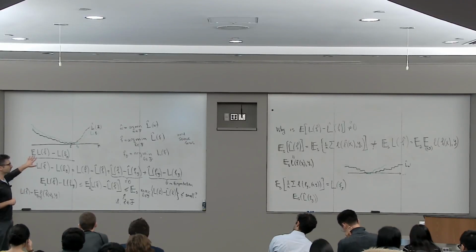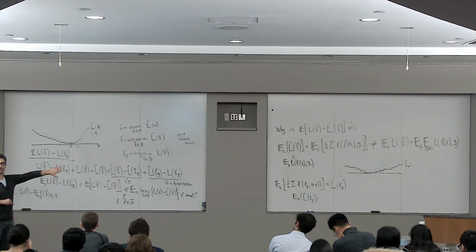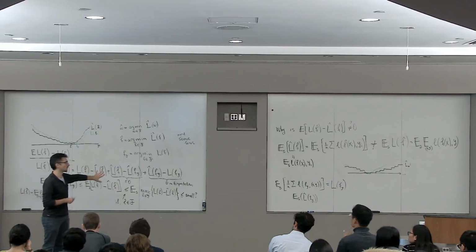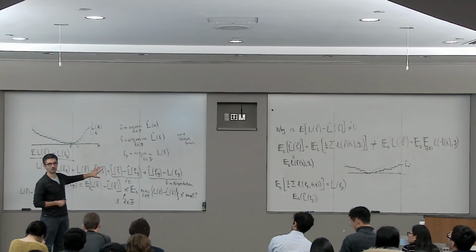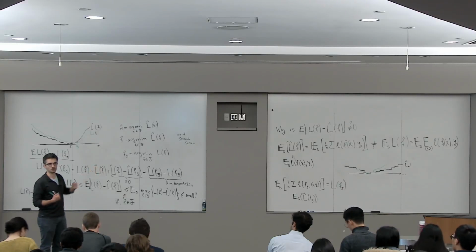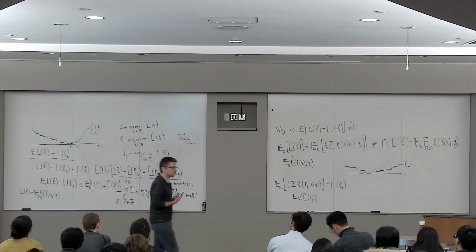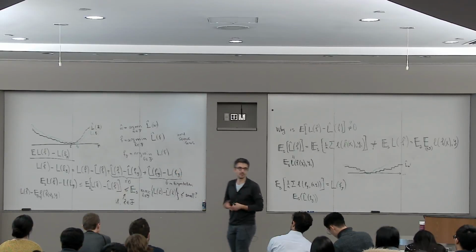If for some reason you didn't get parts of this, I urge you to go home and try to understand. This is really the crux of the matter. This is the crux of the generalization question. Why do we expect the trained model to perform well out of sample or not?